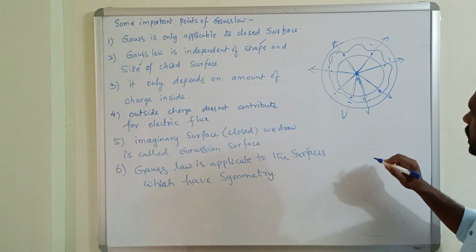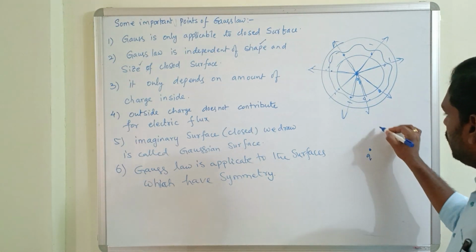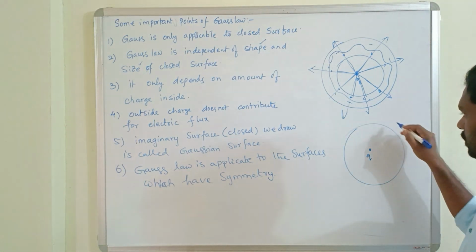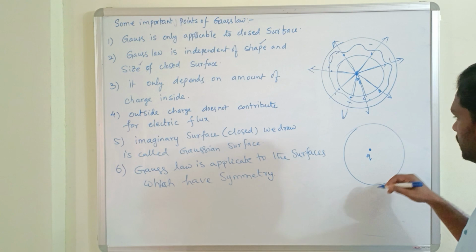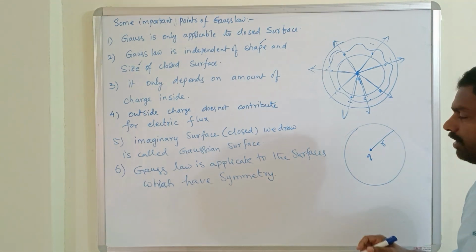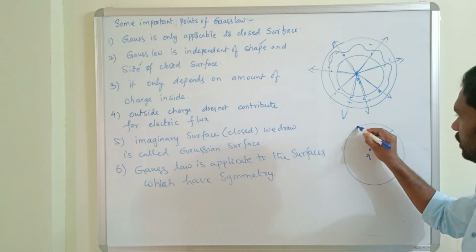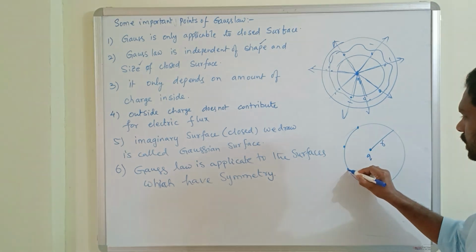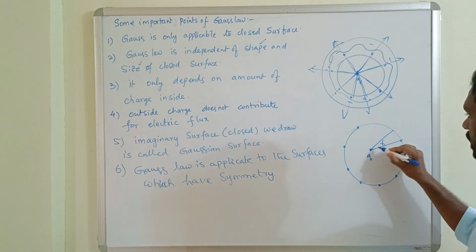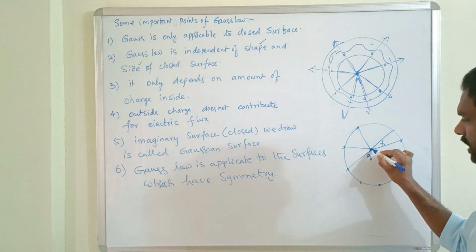If the charge is there and we consider the electric field on a spherical surface like this, and let us consider the radius of the spherical surface is r, we have discussed already that the electric field at all these points is equal. So the electric field is constant because they are equidistant from the charge, isn't it right?